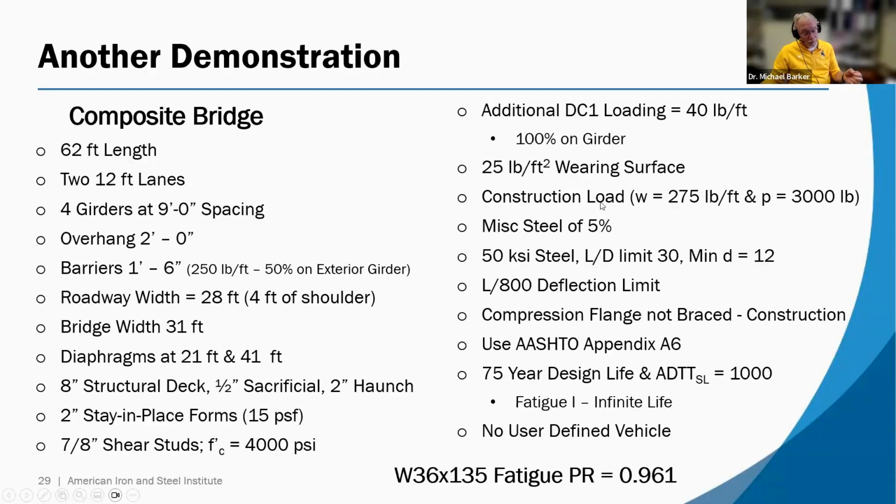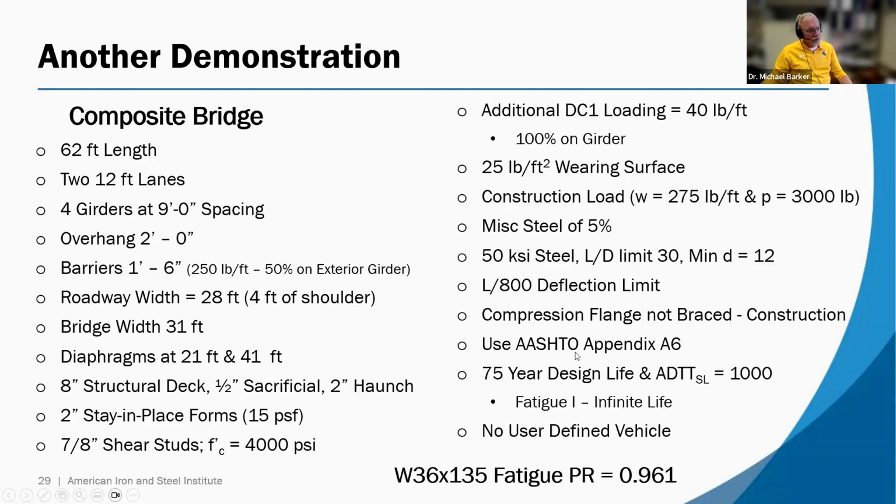When I form up and place that concrete on the overhangs, I have equipment out there and I have wet concrete out there that's going to be applied to the non-composite unbraced girder. And that's a pretty important AASHTO design check that's come into the code in the last 5 years or so, or 8 years.